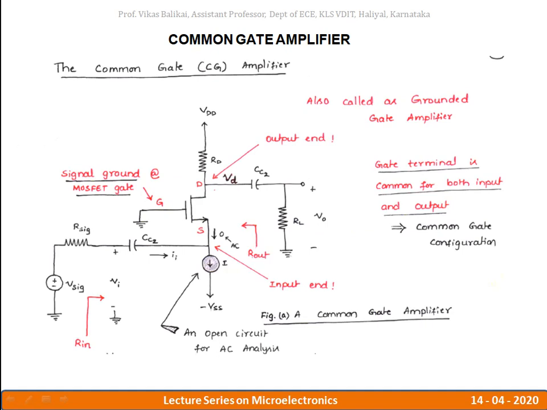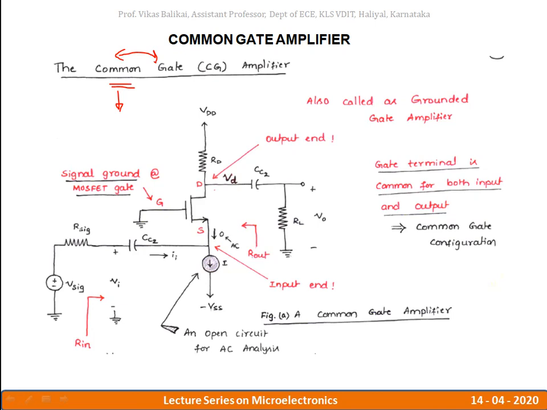Now I'm just going to remind how I choose which terminal will be acting as input and which terminal will be acting as output. When I say any particular amplifier configuration, let's say for example common gate amplifier, when I say common, this also indicates grounded. So this configuration can be named as grounded gate configuration. That means the gate terminal here will be grounded.